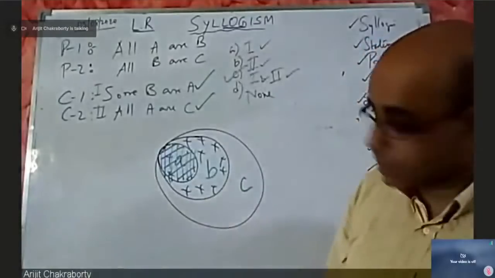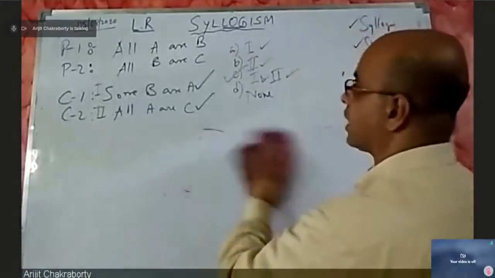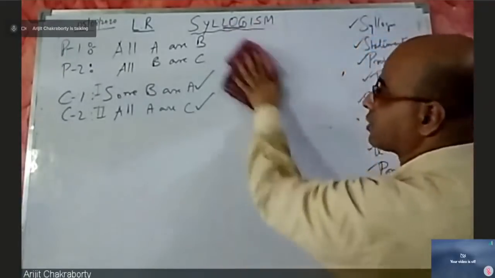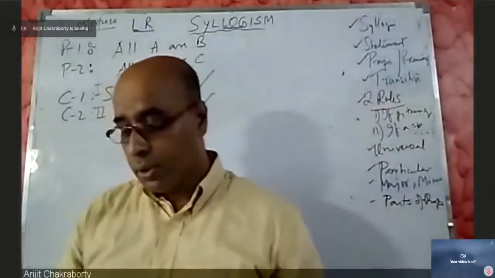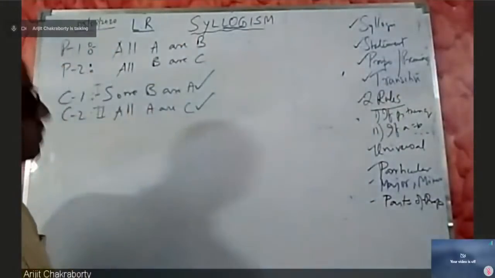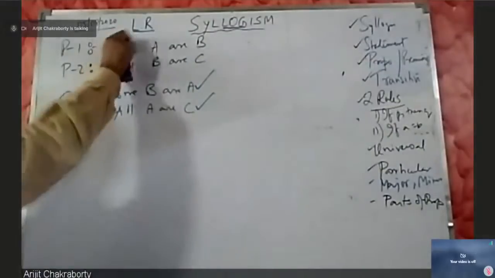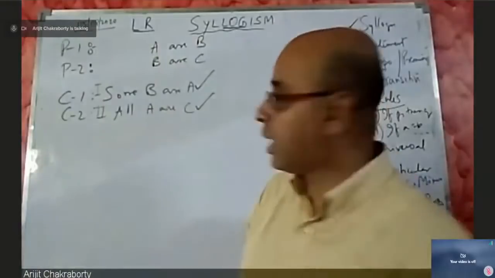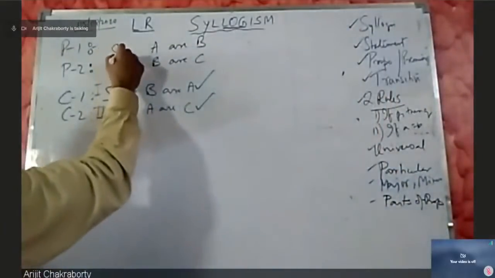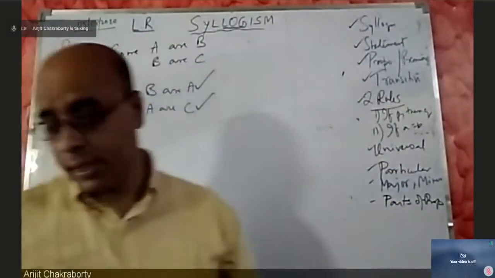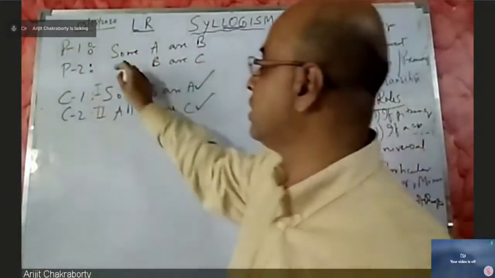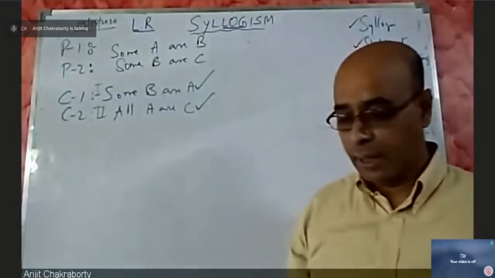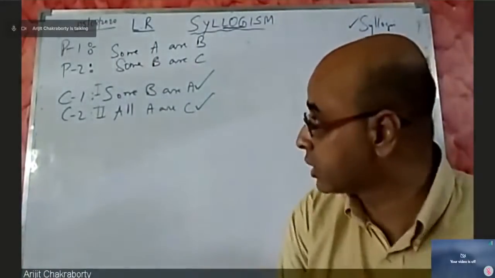Okay. So let us rub this one and let us look at the proposition. So now the proposition is a bit different. Instead of all, I will write some A are B. Some A are B, and the second is some B are C. The conclusions, you need to see the conclusions.